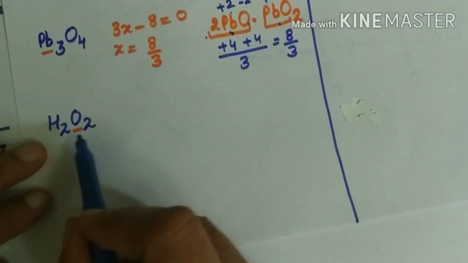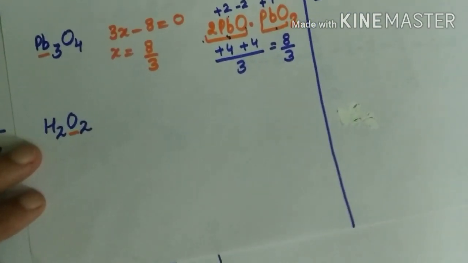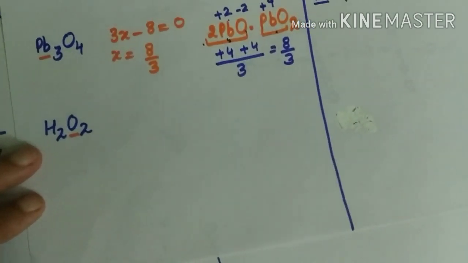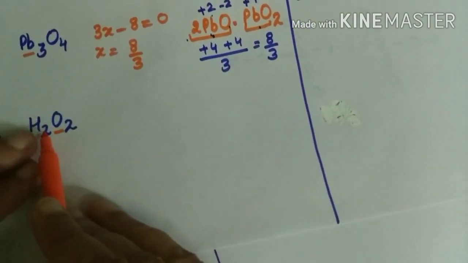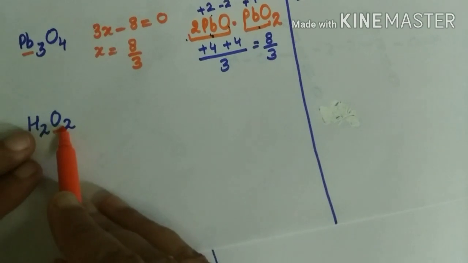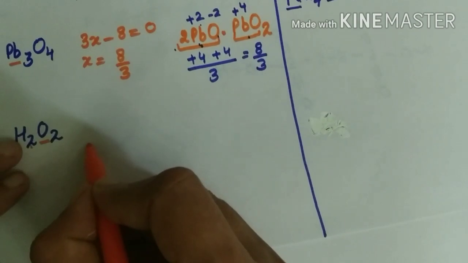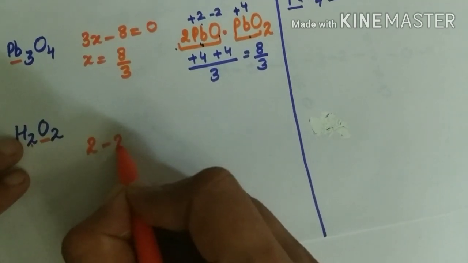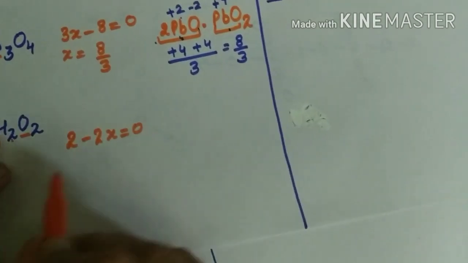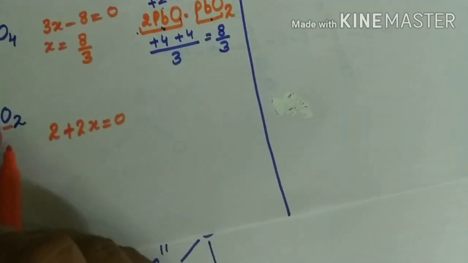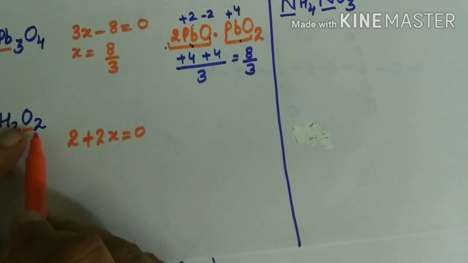Now next, in H2O2 we have to find the oxidation state of oxygen. Hydrogen is fixed: when it is combined with non-metals its oxidation state is taken as plus 1. So it is 2 plus 2x, because we have not assigned the oxidation state to oxygen.